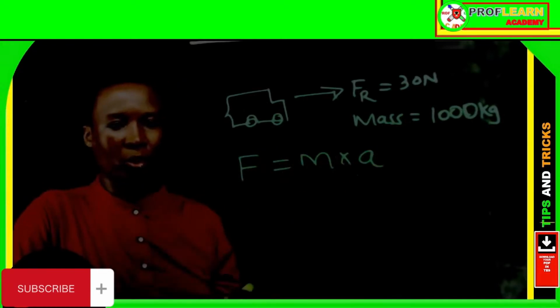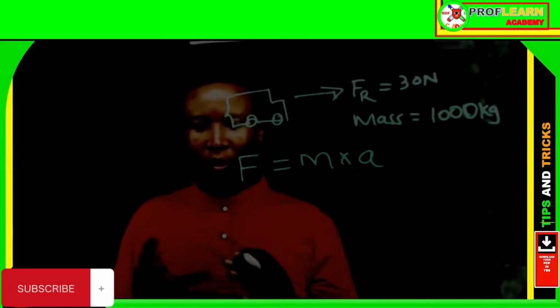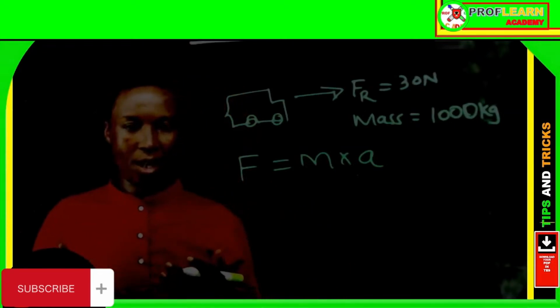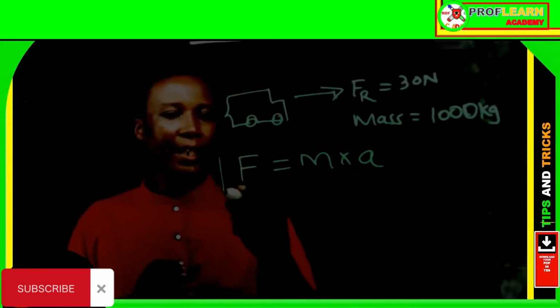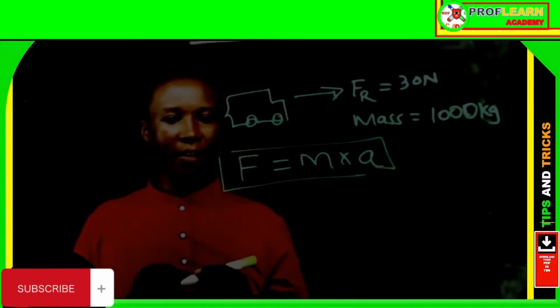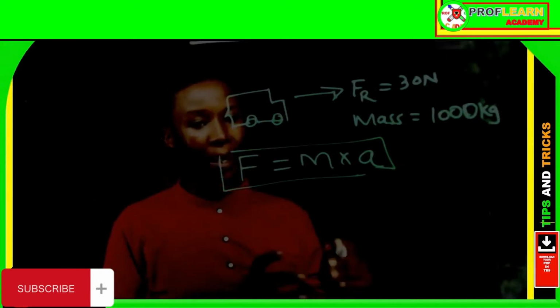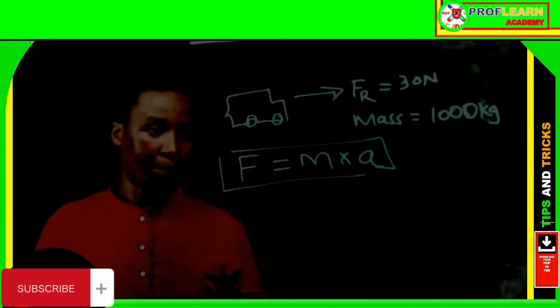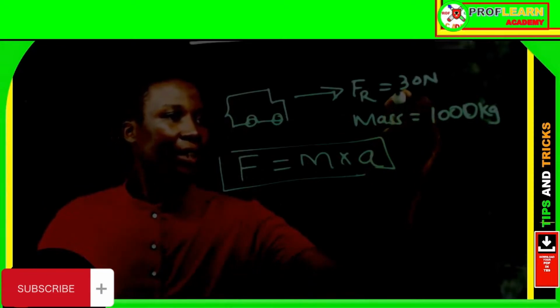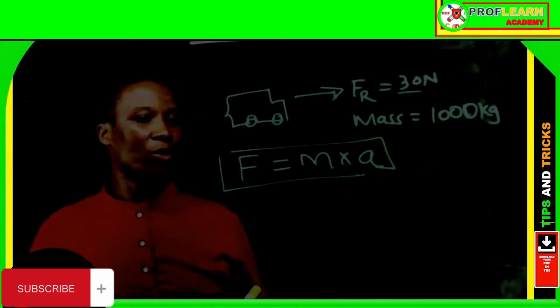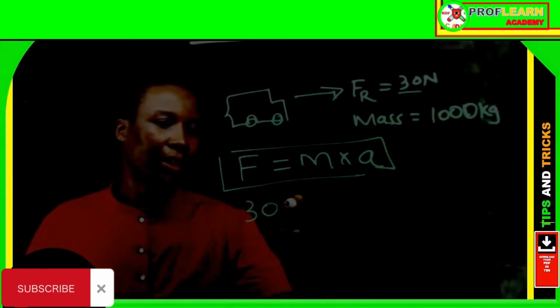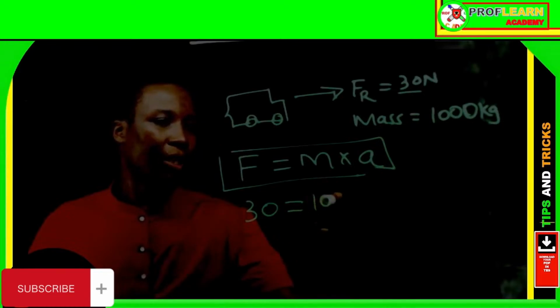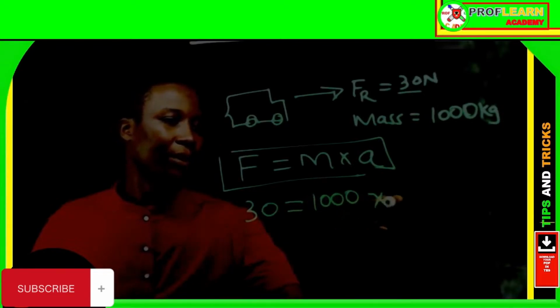So under this section of forces and movement, you need to understand how to use this particular formula. Force equals mass times acceleration. And if you have the resultant force of 30 Newton, we're going to say this is 30 equals the mass, which we have said is 1000, times acceleration.